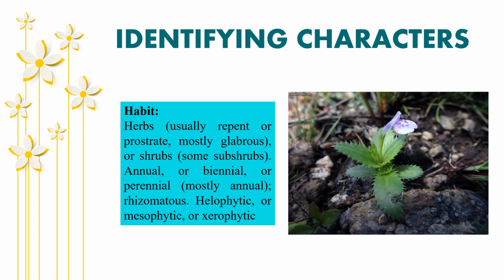If we discuss the habitat of Linderniaceae, they are mainly small herbs, in some cases prostrate, and in very rare cases shrubs, but mostly herbs. They are usually found in marshy areas and watery areas, near water bodies and streams.